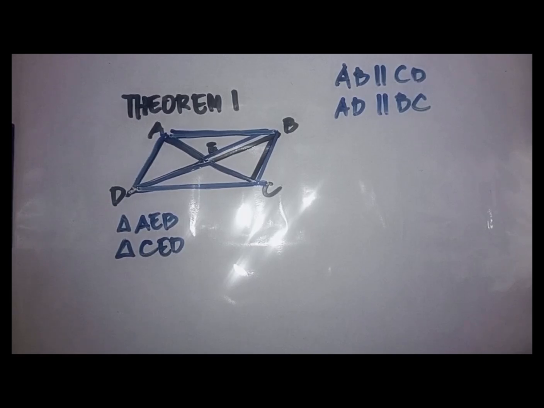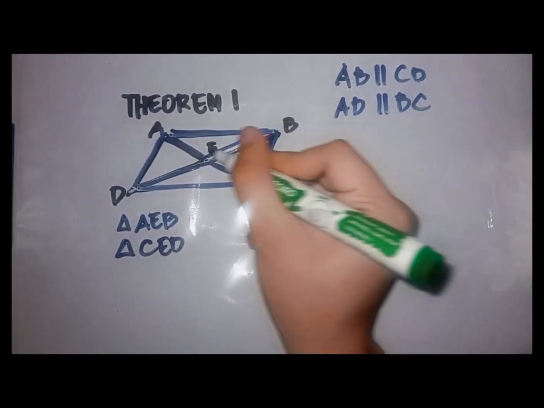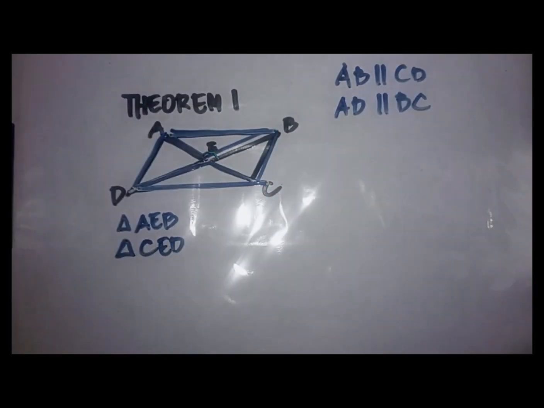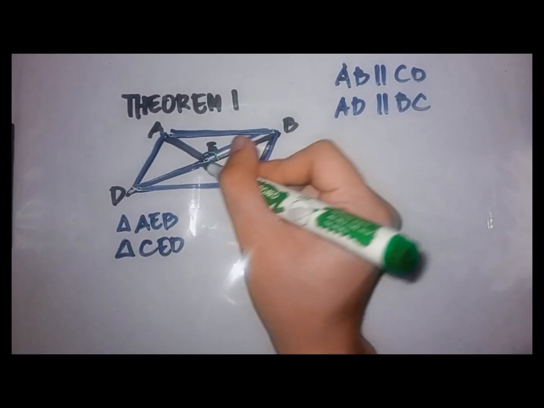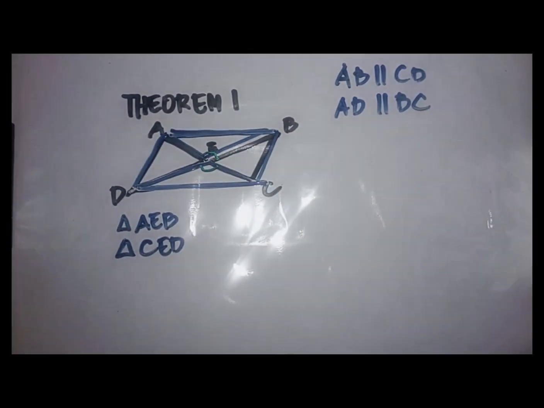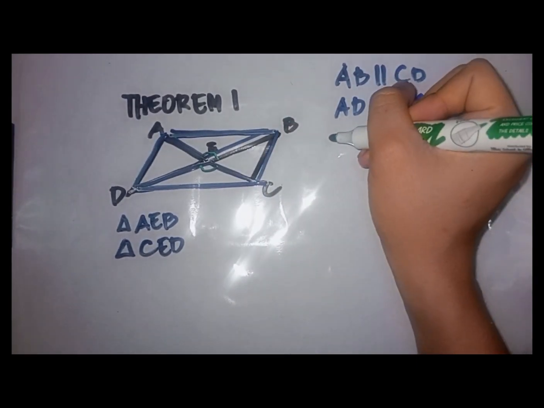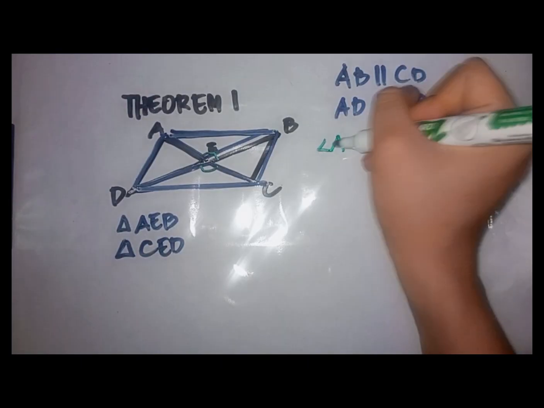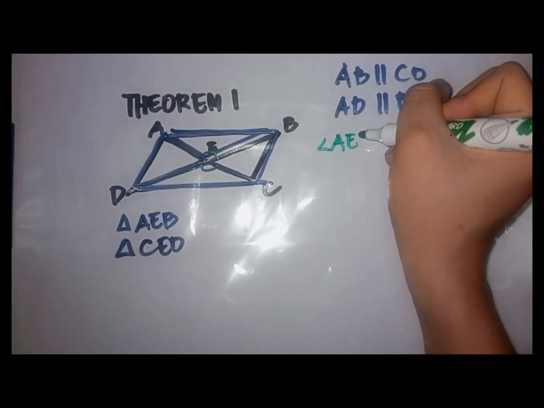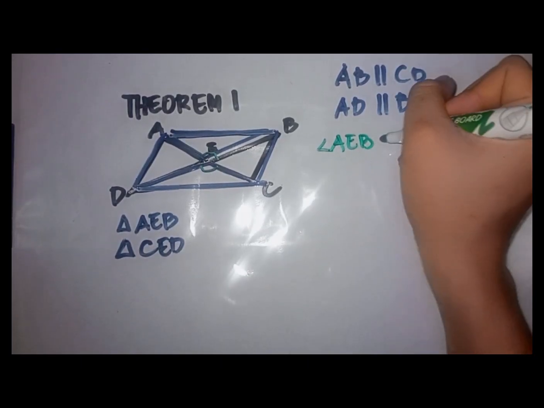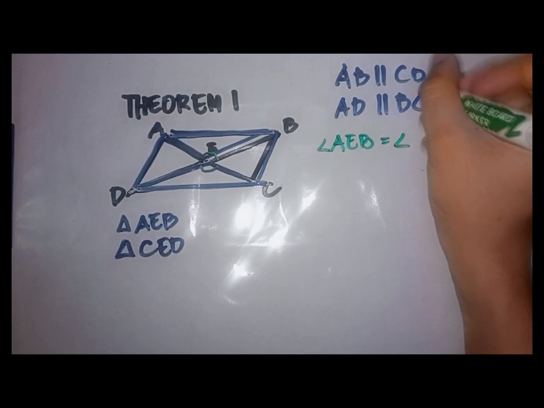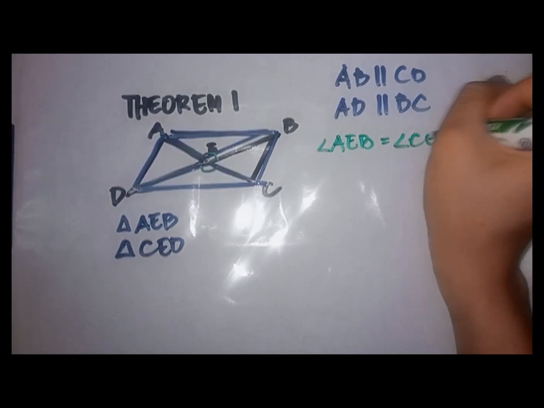So now, angle AEB and angle CED are equal, since these are vertically opposite angles.